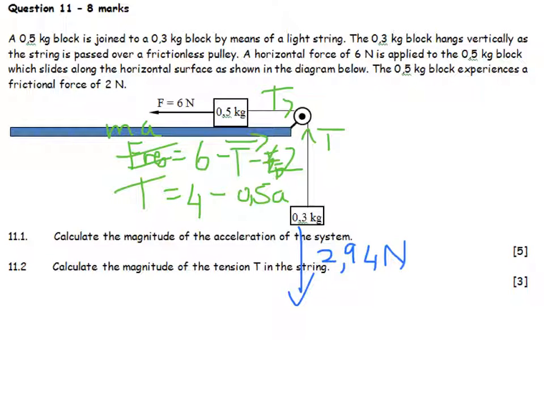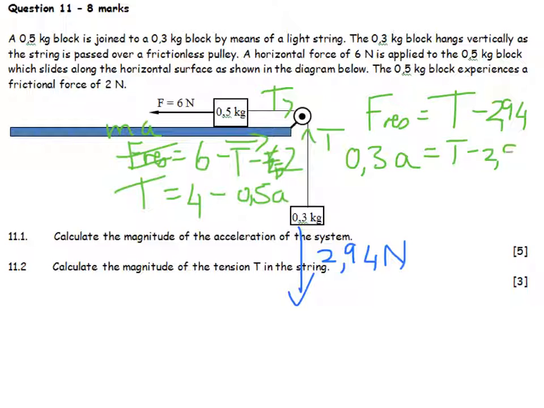Looking at the 0,3 kilogram block, we are going to do the following. Resultant force is equal to big force, which is the tension going up, minus the little force, which is the weight, which is 2,94. Resultant force is mass, 0,3, times the acceleration of the system, equal to T minus 2,94.